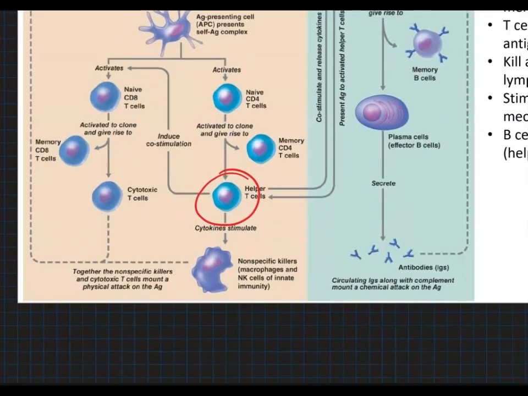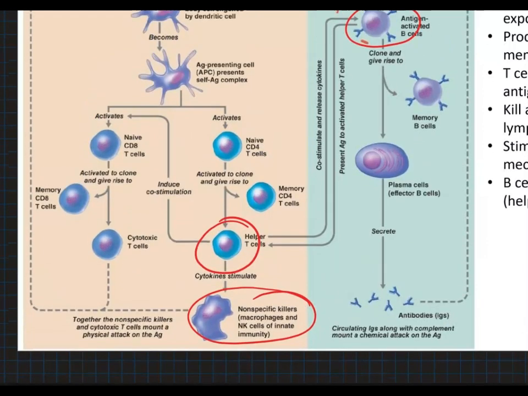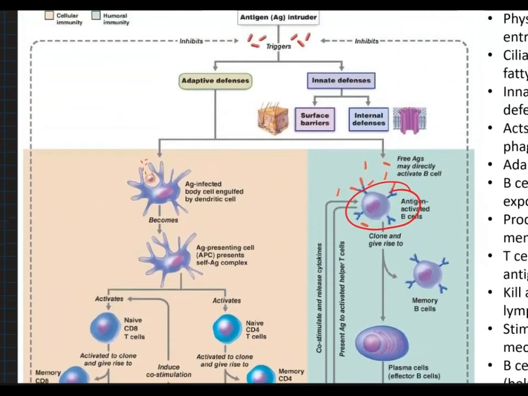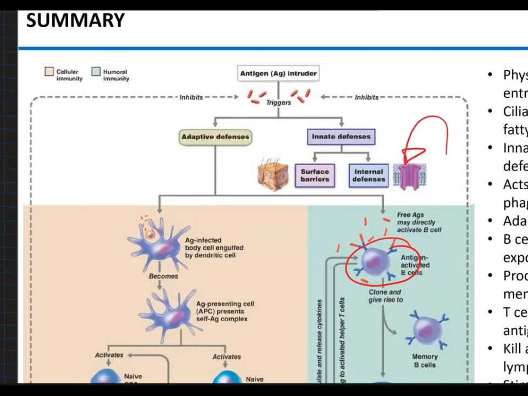They also activate macrophages, so it's a link to innate immunity. Okay? Cellular helps humoral, cellular helps innate. Antibodies can activate complement, so it's all interconnected. That's my point.